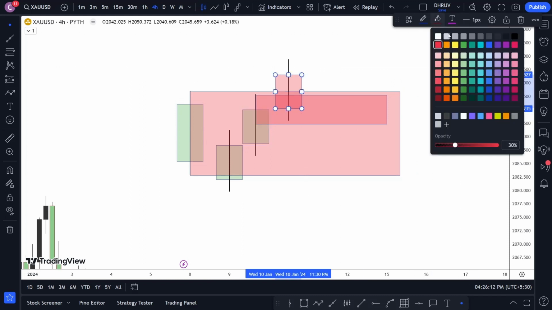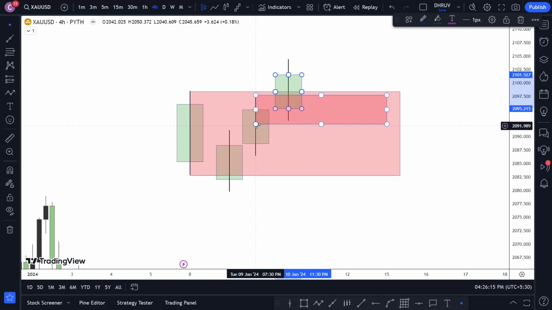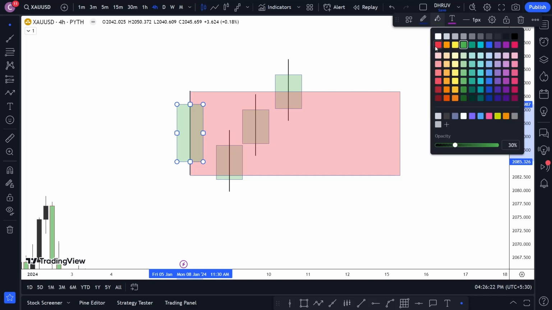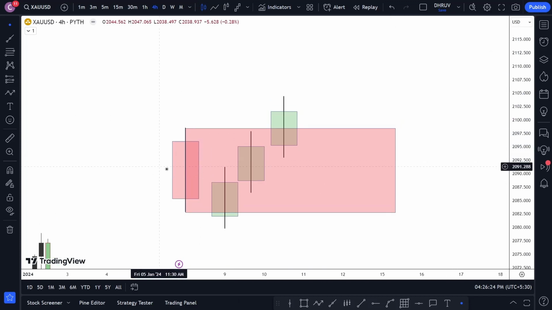We can have multiple bullish candlesticks forming up that engulf the high of the bearish candlestick, right? So this is what we call blend engulfing.